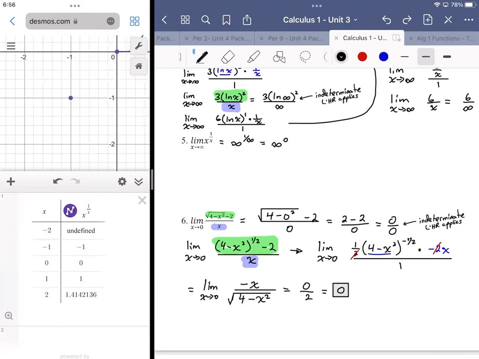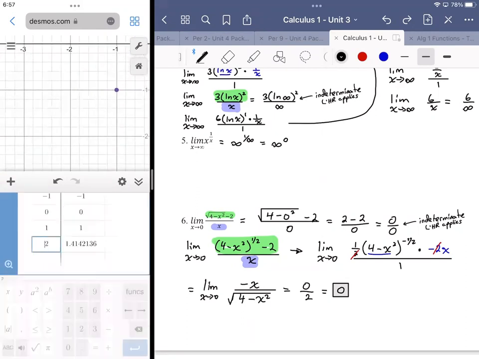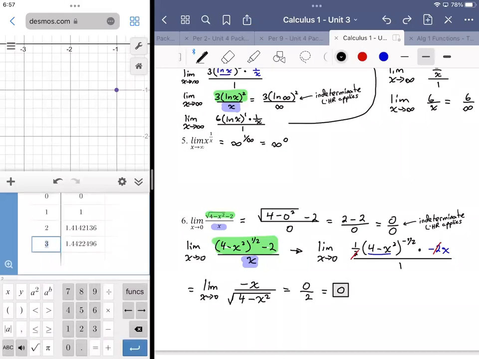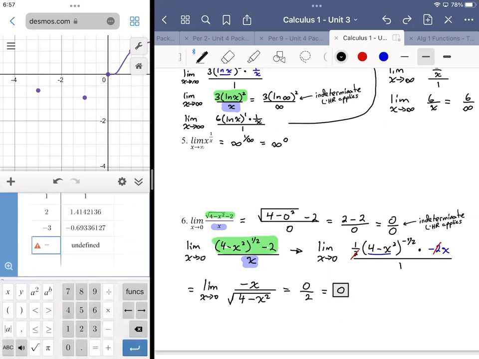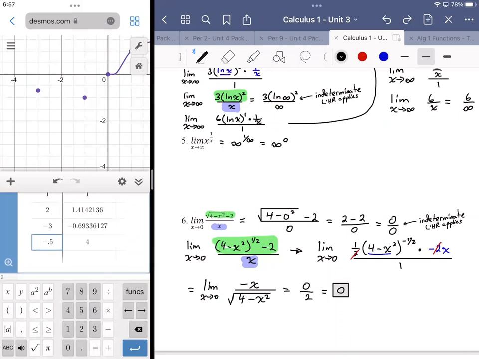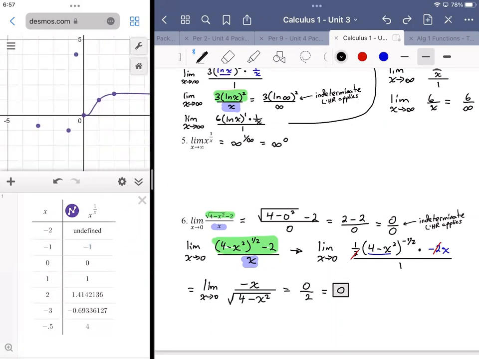At -2, I have something that doesn't exist. But if I put in, let's say, a -3, I have a point that exists. -4, an undefined point, but -5 is fine. So then you try something like a decimal value, like -0.5, and it gives you a value. So you get some points that'll show up on the graph, but for whatever reason, they're not showing up as part of the function, right?